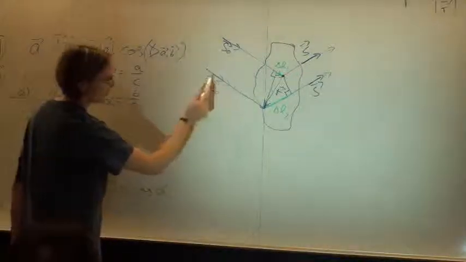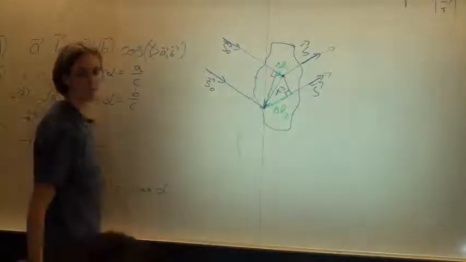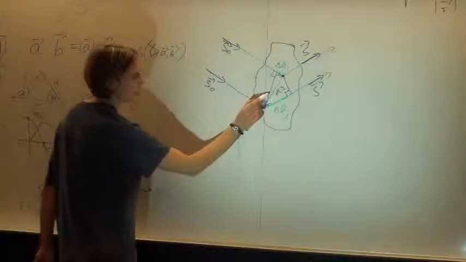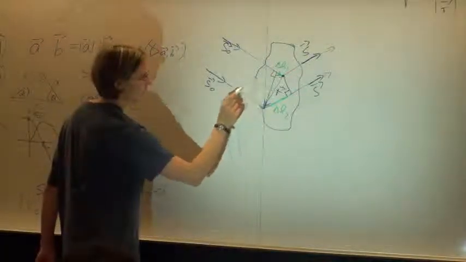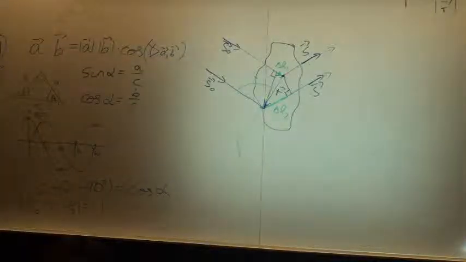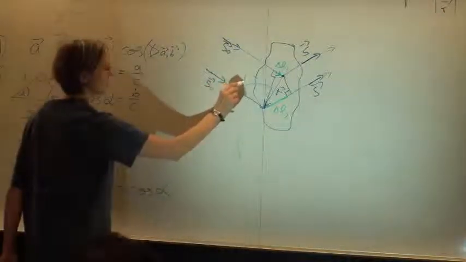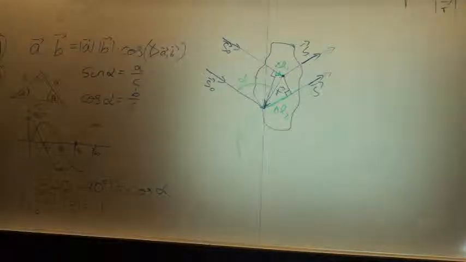Now, here we have S0 pointing that way and R pointing that way. So I hope that all of you will agree that this would be the angle between the two vectors. I'm just using the two tails instead of the two tips. And let's call that one alpha. Can anybody tell me how alpha and beta are related? Difference of 90 degrees, right?